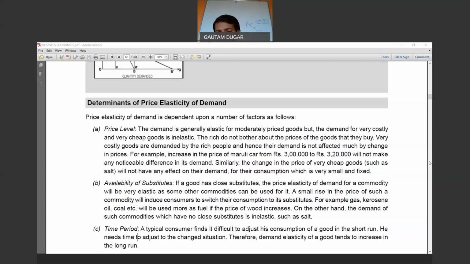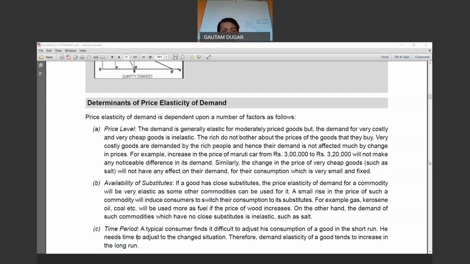Questions come up for perfectly inelastic demand. Perfectly inelastic demand is a situation in which demand does not show a response to a change in price. Price is changing, but the demand is constant.